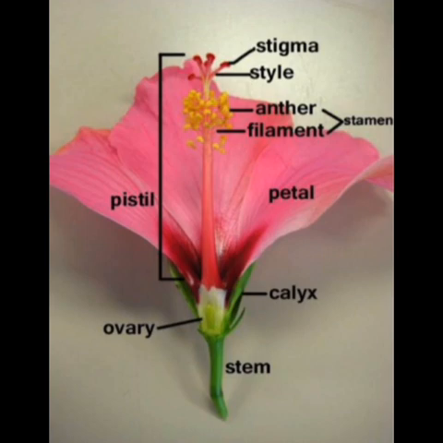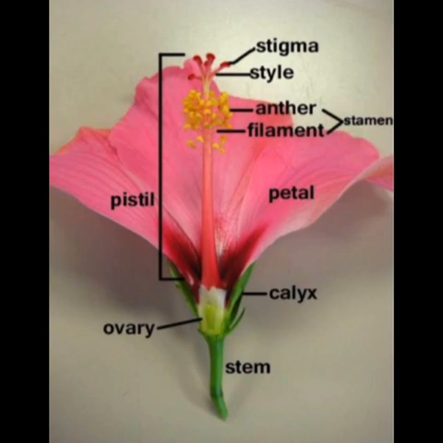Stamens are the male reproductive parts of a flower, and pistil or carpel is the female reproductive part. You know that the stamen has two parts, filament and anther.